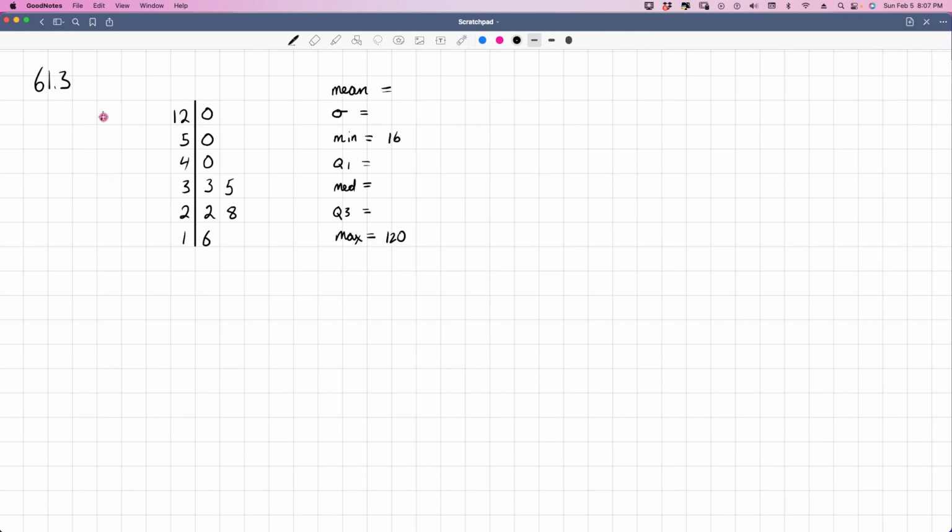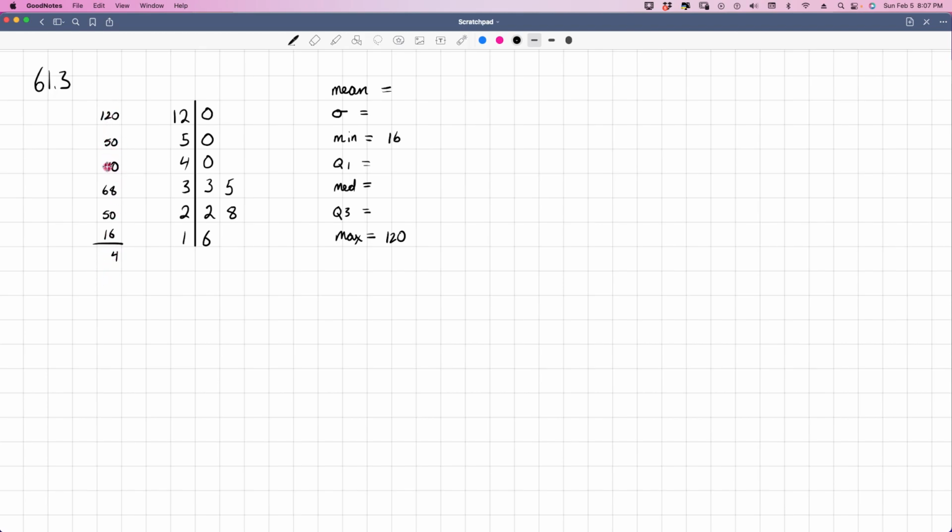It's just the average. So we have 120, we have 50, we have 40, we have 33 plus 35. That's going to be 68. Then we have 22 plus 28. That's going to be 50. And then we have 16. So that's going to be 8 plus 6. That's 14. Carry 1. That's 8.